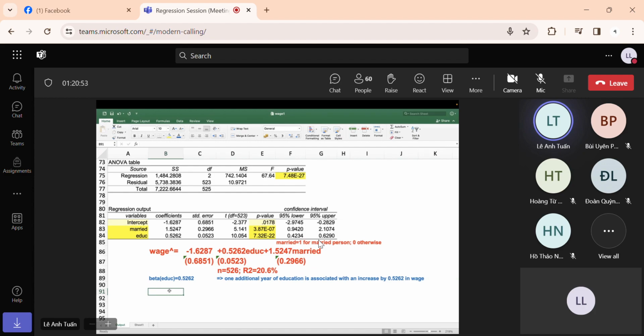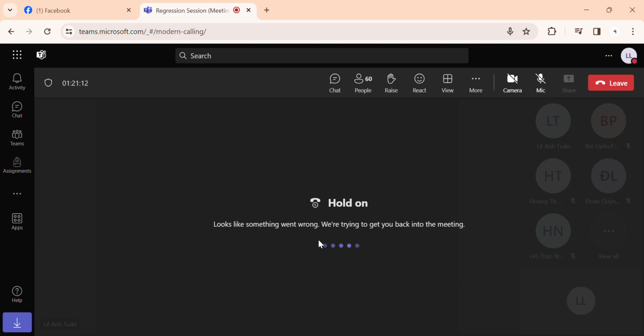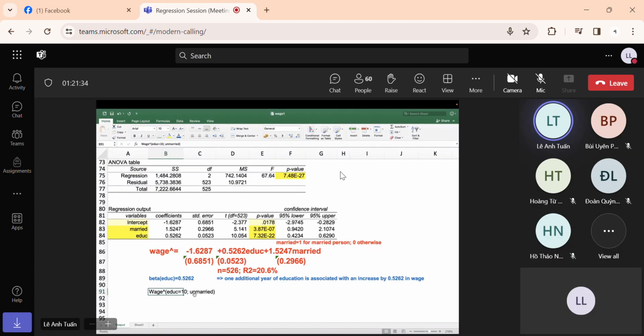So for the marriage, we have the expected value of wage for the people who have the education level equal to 10, and they are unmarried, right?